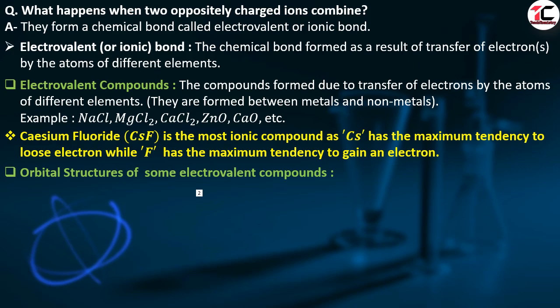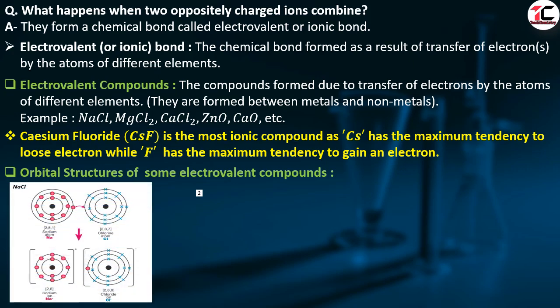Let us see the orbital structures of some electrovalent compounds. Here the first one is sodium chloride. Sodium, its electronic configuration is 2,8,1. So in the outermost shell there is 1 electron. Chlorine, its electronic configuration is 2,8,7. So there are 7 electrons in the outermost shell.